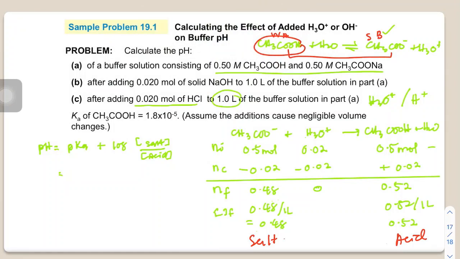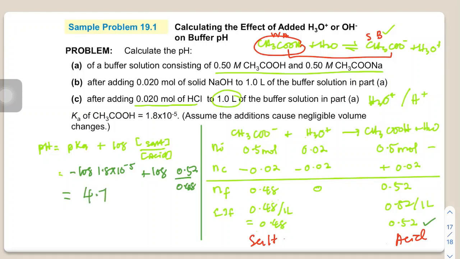So this equation, pKa, negative log 1.8 times 10 negative 5, plus log concentration of the salt over acid, 0.52 over 0.48. Then press the calculator. Then we'll get the new pH is 4.71.